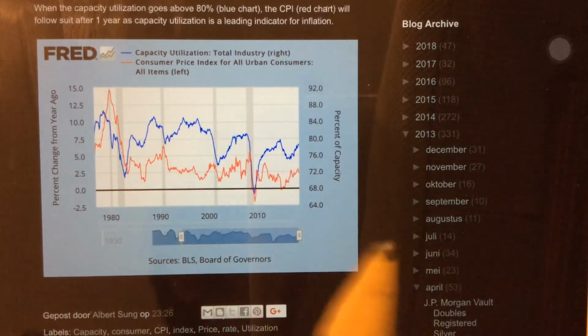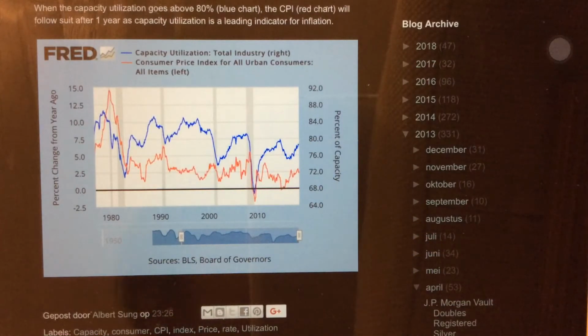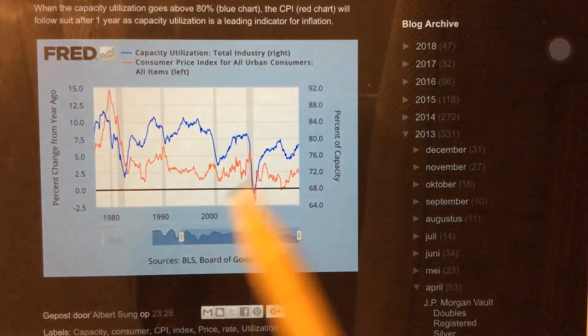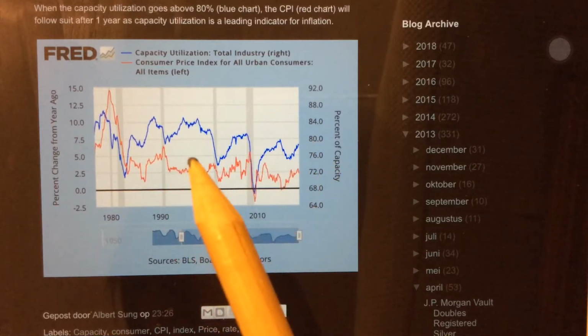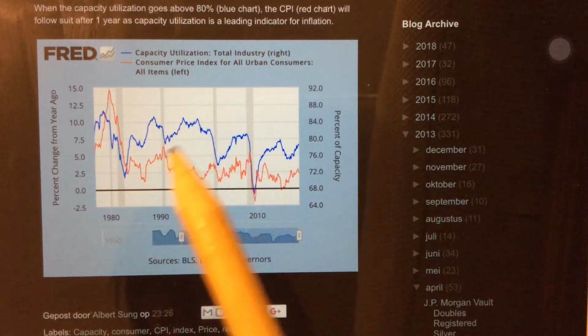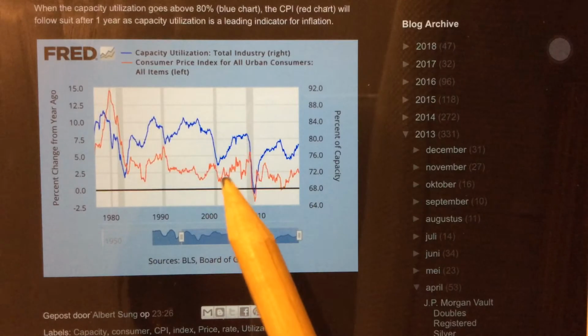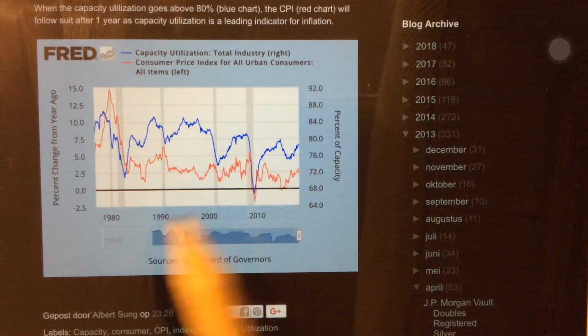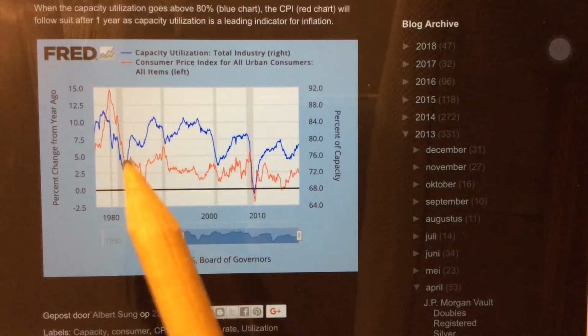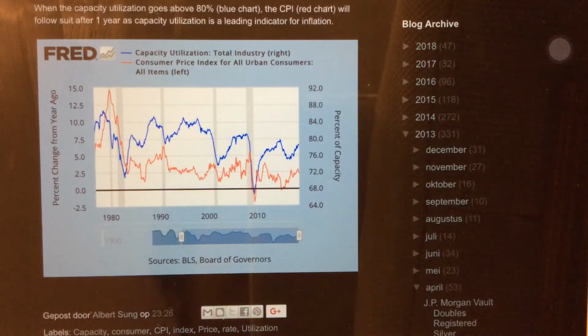That's very positive for inflation, because Trump is now pulling all production back to America, which means that this index will probably keep going up. So everything will be produced in America. And whenever that goes up to the 80% level, usually the inflation will also go up. So that's a positive for gold.